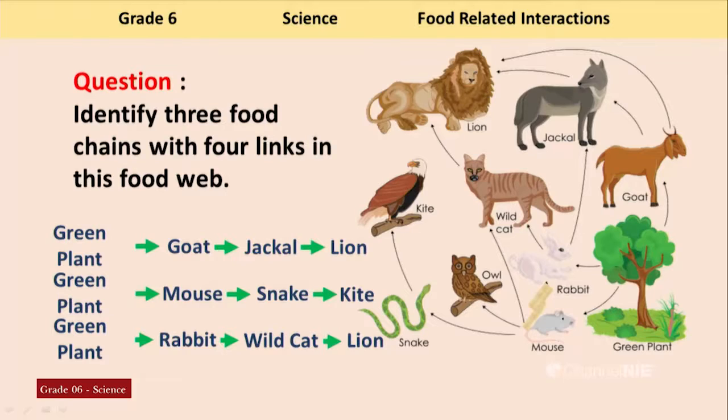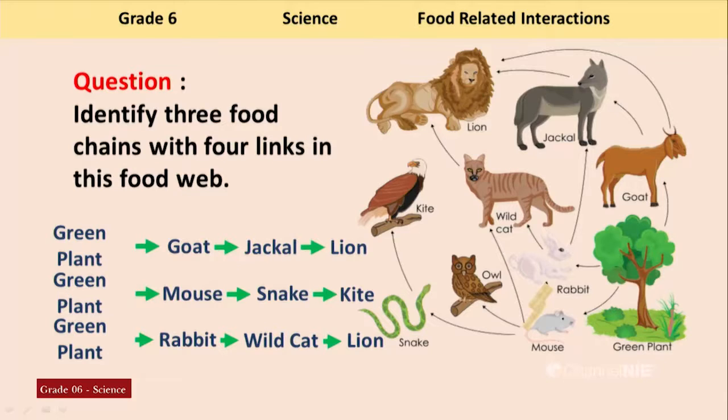1, 2, 3, 4. There are 4 links. A food chain with 4 links. Look at the third one. Green plant, then rabbit, wildcat, and it is consumed by the lion. Yes, there are 4 links. 1, 2, 3, 4. Okay, I am sure that you have found the answers.